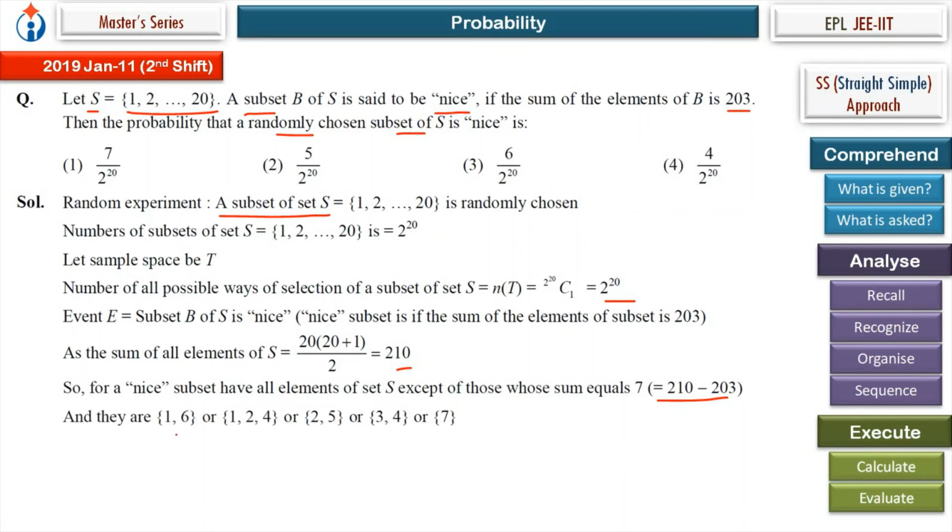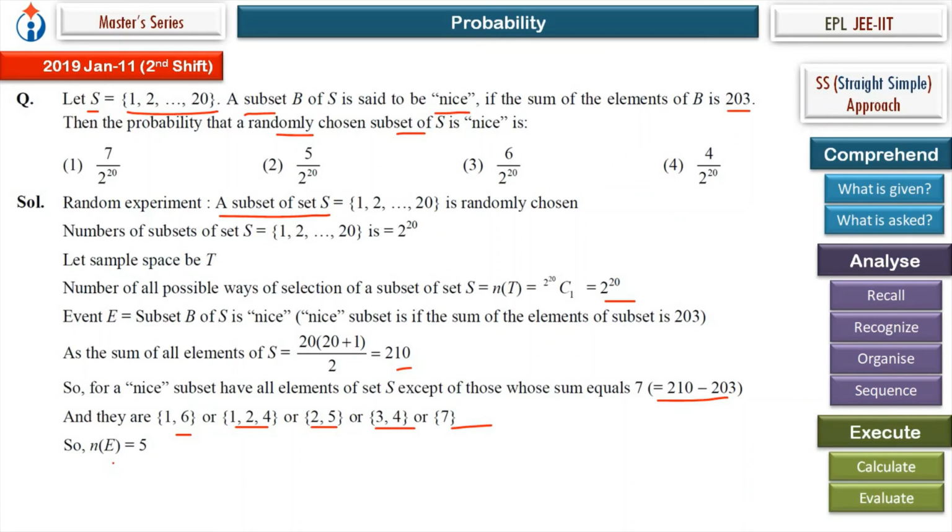And they are 1, 6; 1, 2, 4; 2, 5; 3, 4; or 7. We don't miss out anything. So we start with 1. If I take only the number 1, then 6. If I take 1, 6, then 1, 2 and 4. We can't write 1, 3, 3 because 3 is only 1 there. So again 2, 5 or 3, 4, 7, right?